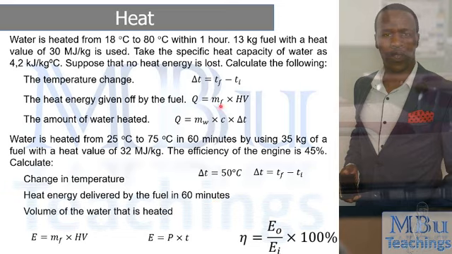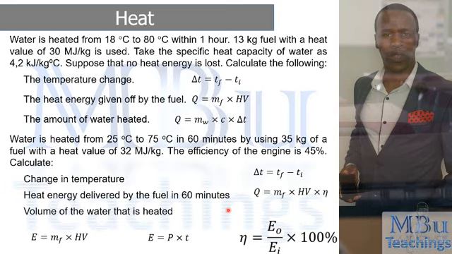This is the formula we will use, because this is a formula that has the mass of the fuel, and we are given the mass of the fuel. We also have the heat value, so that means we have all the information needed to use this formula, but we will use Q in the place of E here.